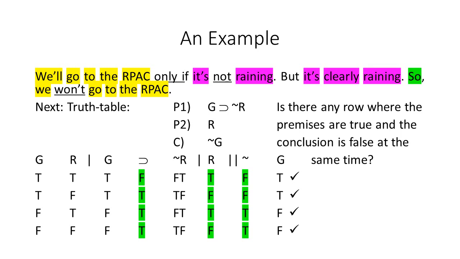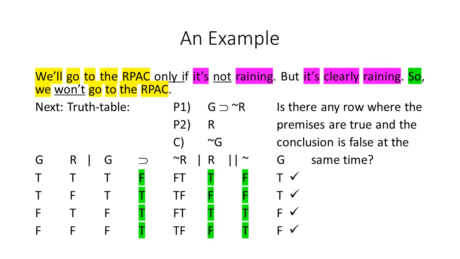What does it show, though? Well, nothing by itself, but if the argument's valid, that is, if there's no row where the premises are true and the conclusion's false at the same time, and there's a row where the premises are true and the conclusion is true at the same time, then we know the situation in which the argument would be sound.